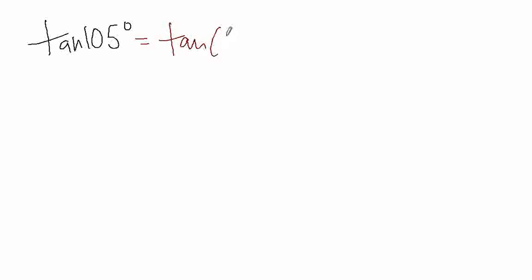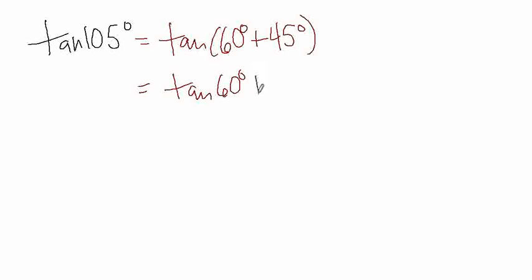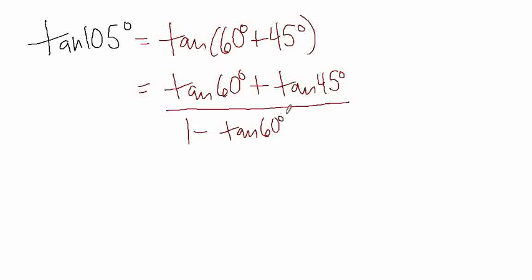The tangent of 60 degrees plus 45 degrees, and using the sum identity with respect to tangent, we get the tangent of 60 degrees plus the tangent of 45 degrees divided by 1 minus the tangent of 60 degrees times the tangent of 45 degrees.